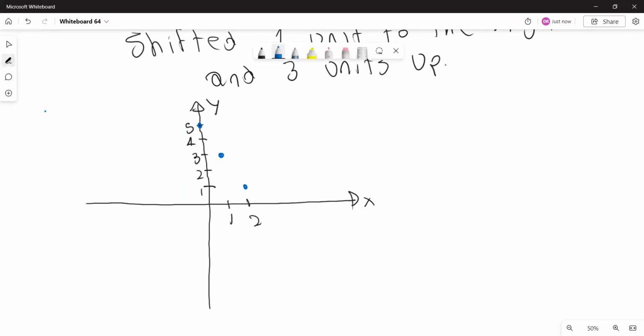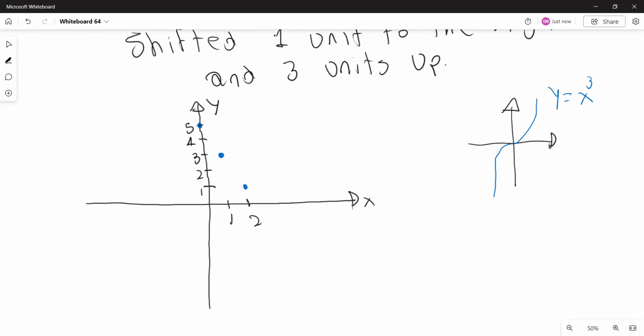Remember the original graph? The graph of x cubed is something like this, and it passes through 0, 0, -1, -1, and 1, 1.